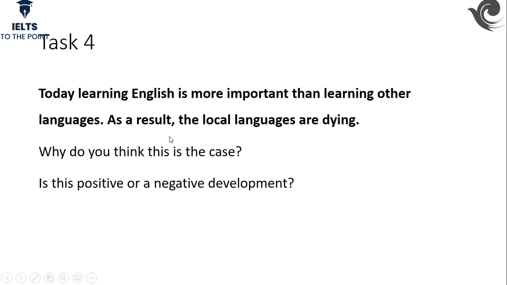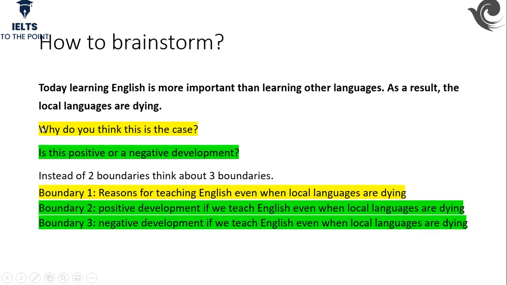The second part of instruction 1 is whether this is a positive or negative development. Now, when you look at this particular task, it's very clear that the first part of instruction 1 is very similar to a discussion based essay. The second part of instruction 1 is similar to an opinion based essay. So from the first part, why do you think this is the case, we choose boundary 1, which is reasons for teaching English even when local languages are dying.